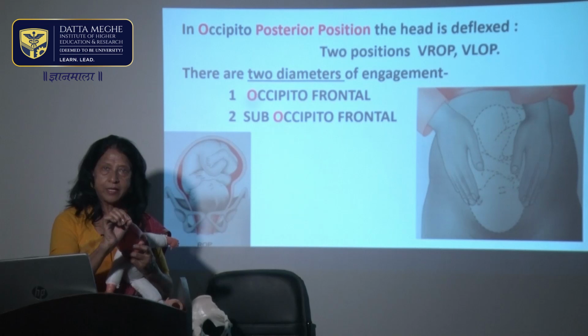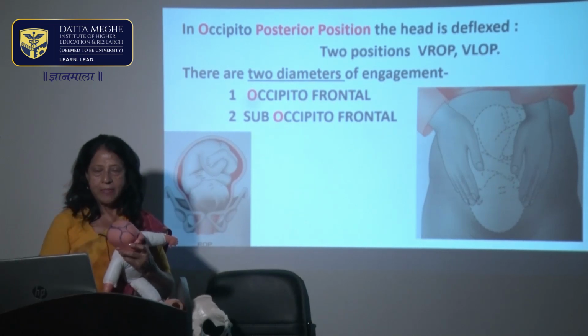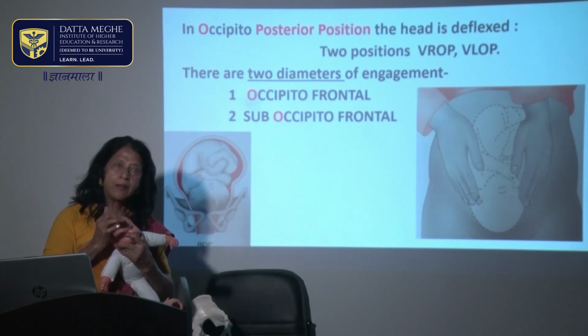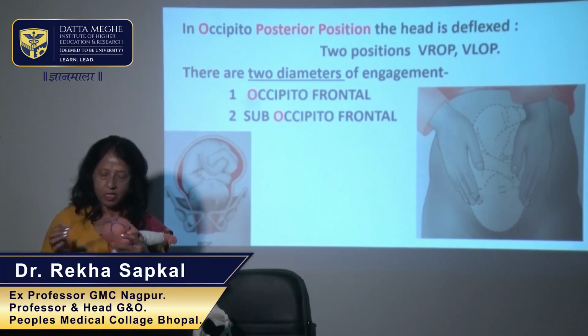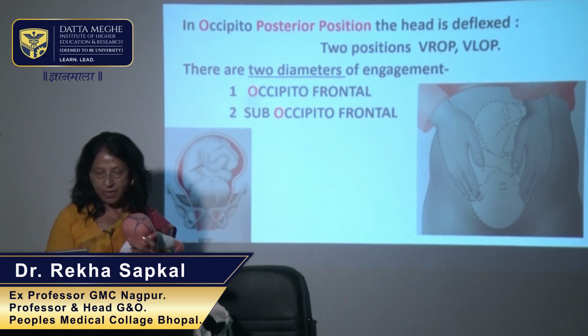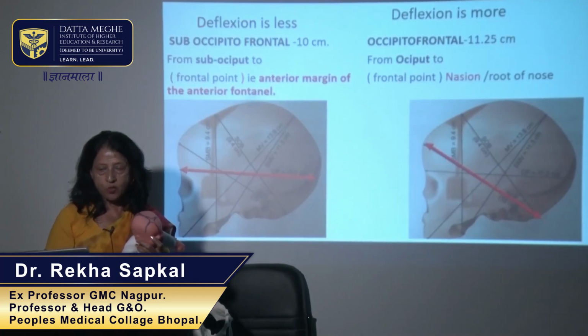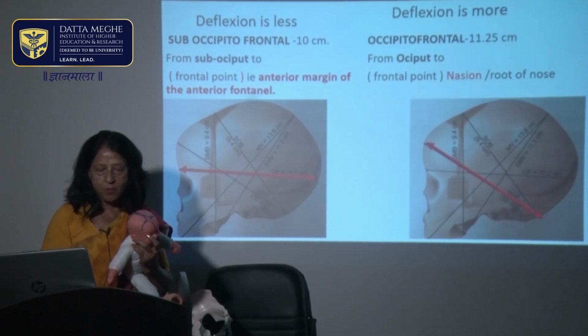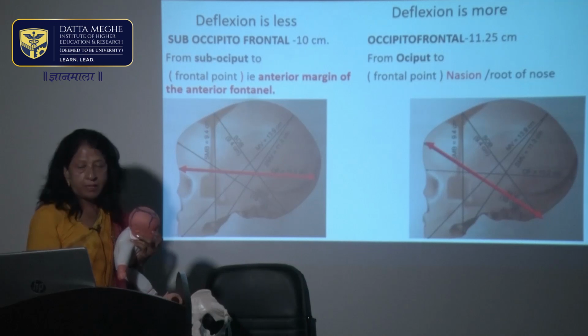Subocciput, midpoint, is a long word, and the frontal point is 2.5 centimeter from the center of the anterior fontanelle. You see here, this is the occipito-frontal from occiput to nasion, and in the next slide is the suboccipito-frontal.